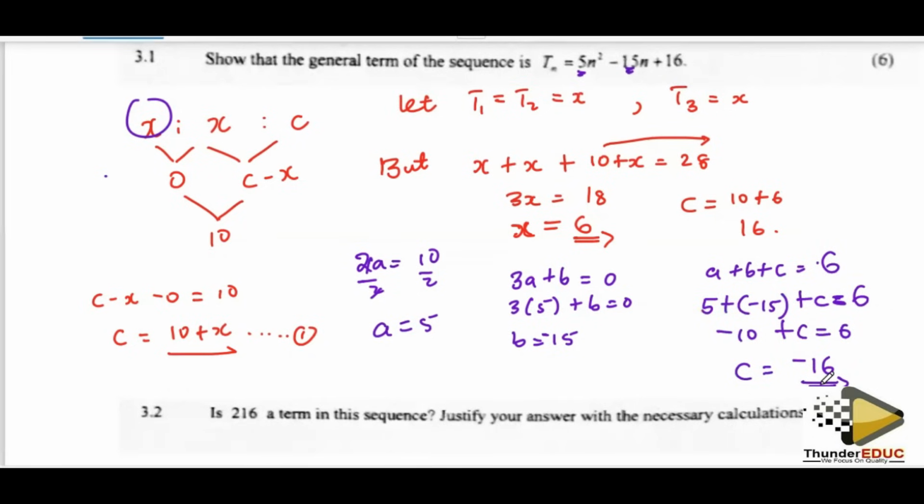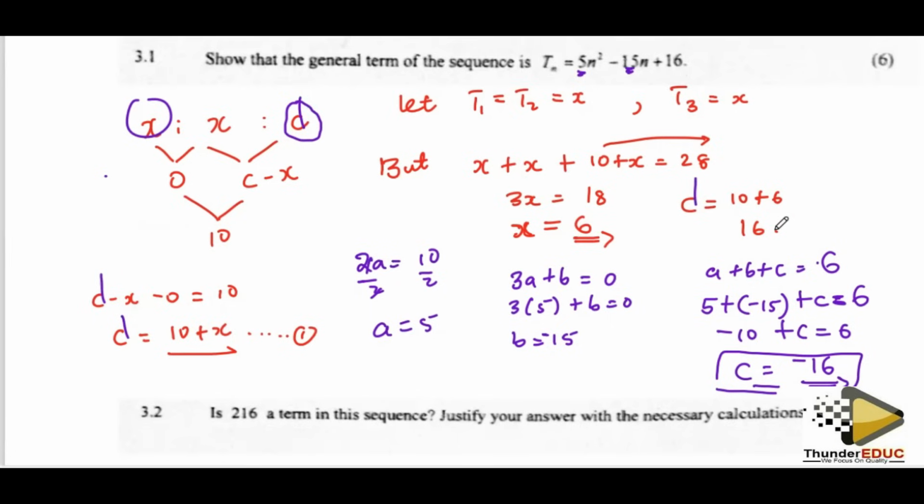Just for the sake of this last part, please remember the c I'm using here is not the same c as in this part. This can even be a d, just for the confusion being rectified, so that we don't have the same kind of thing.